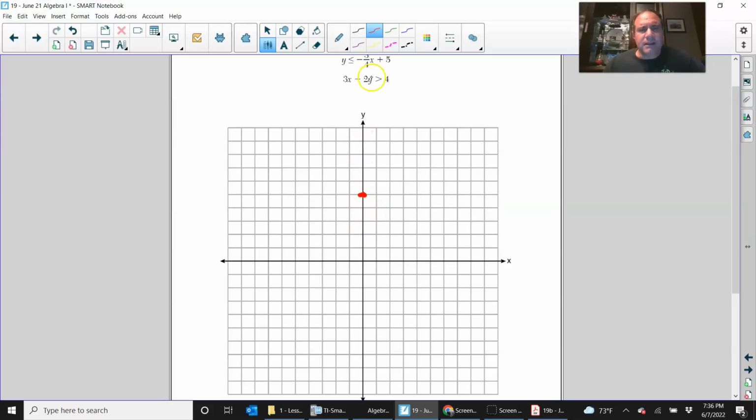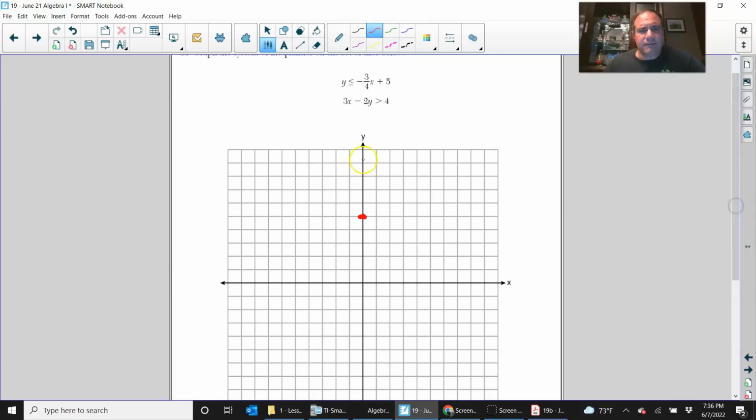All right. So now this I know is a negative 3 over 4. So that's my slope of negative 3 over 4. That is a rise of 3, which is down 3, and to the right 4.